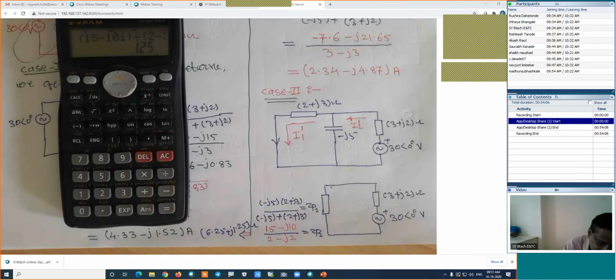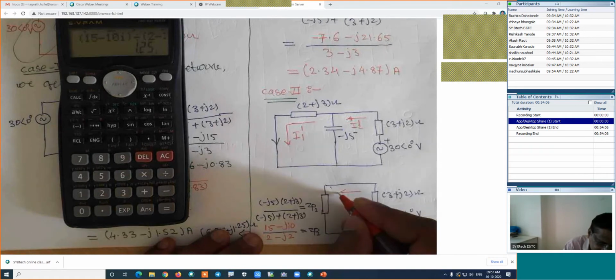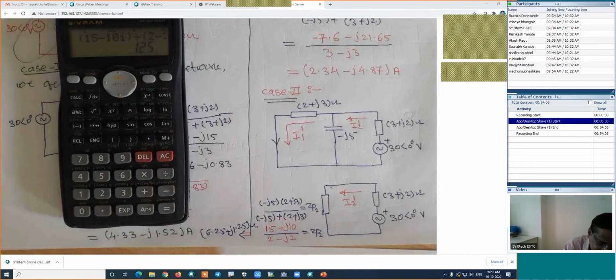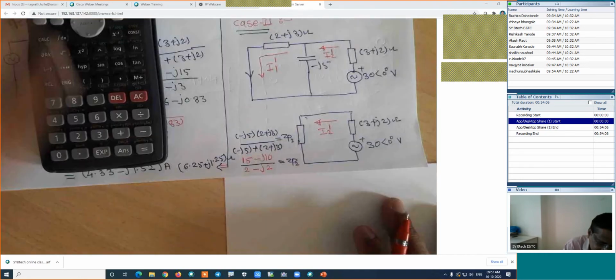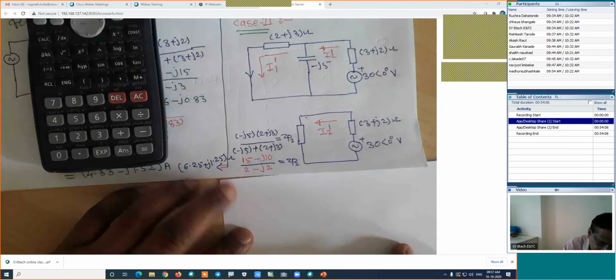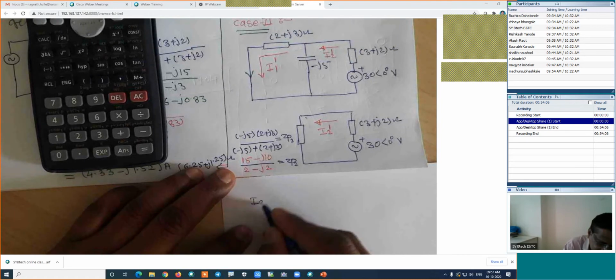Now I will use the calculation formula for the total current, which is I2 dash. First we will find out the total current, which is I2 dash. I will use this part of the calculation. What is the formula for this I2 dash?